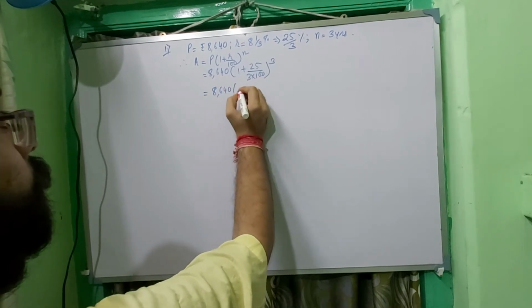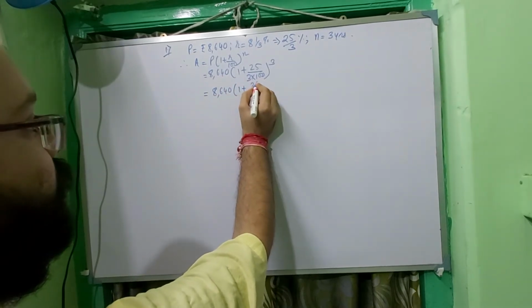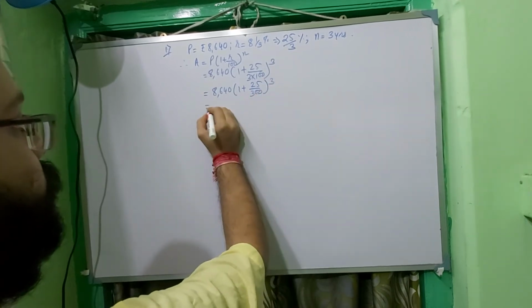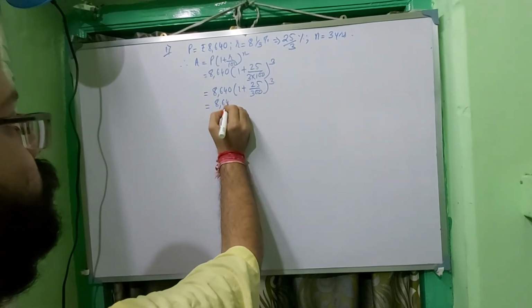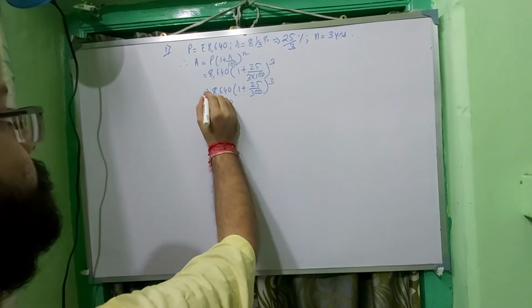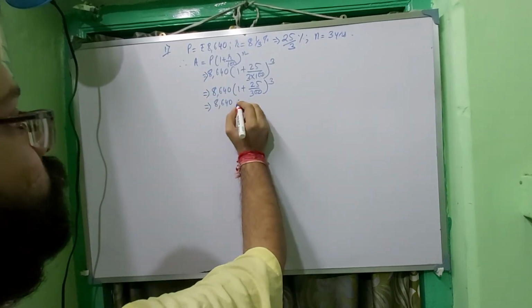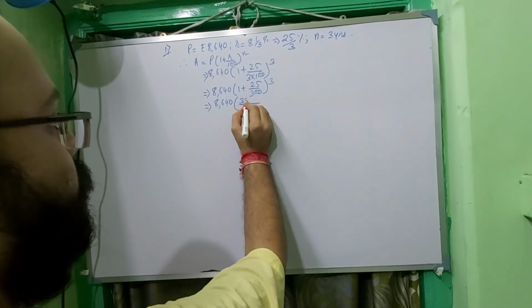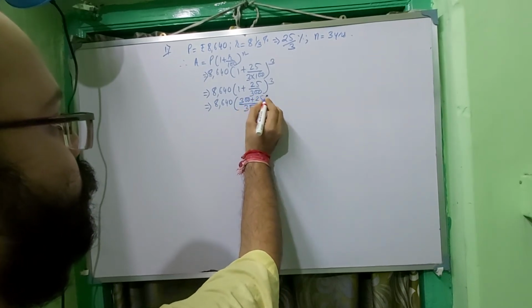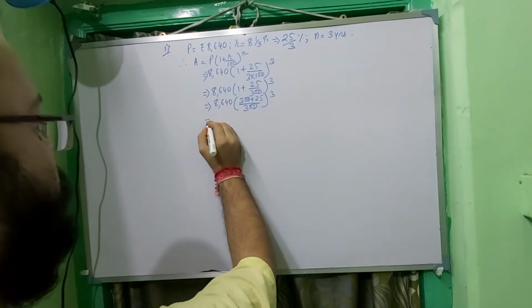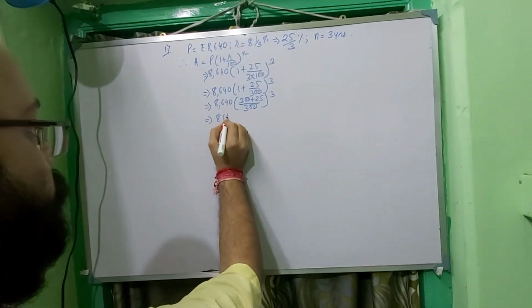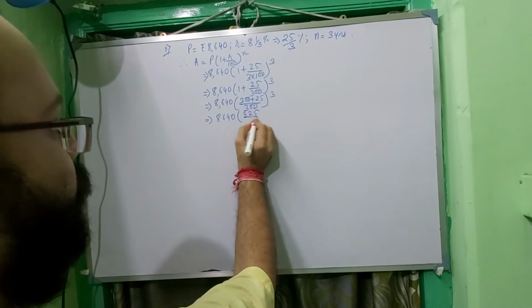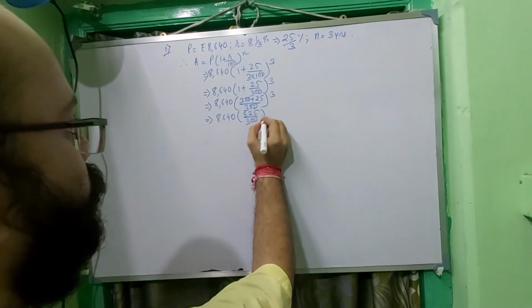8640 into (1 plus 25 by 300) whole to the power 3. You can take the LCM: 8640 into ((300 plus 25) by 300) whole to the power 3, which is (325 by 300) whole to the power 3.